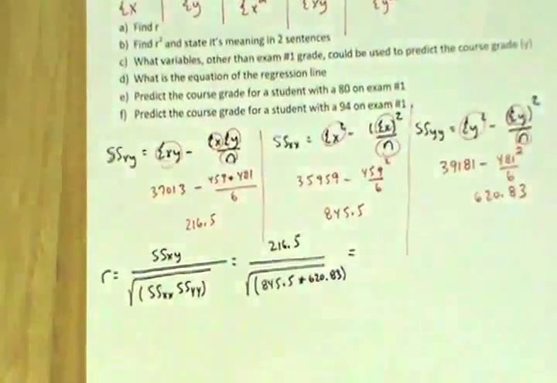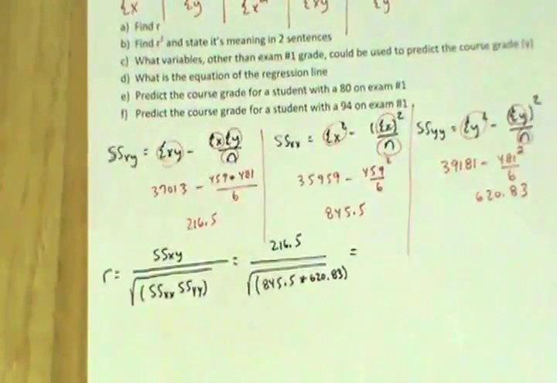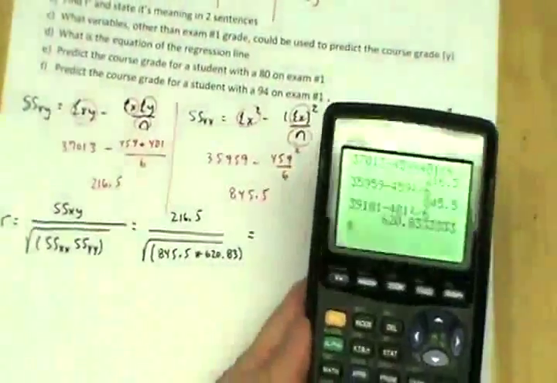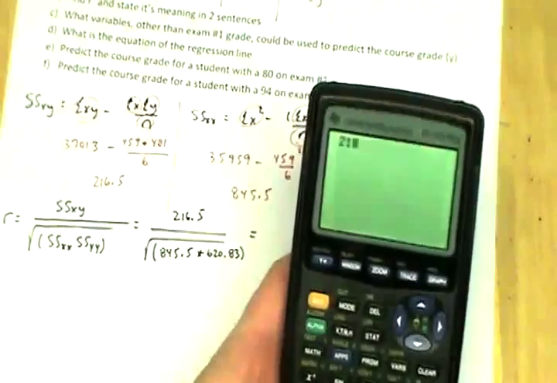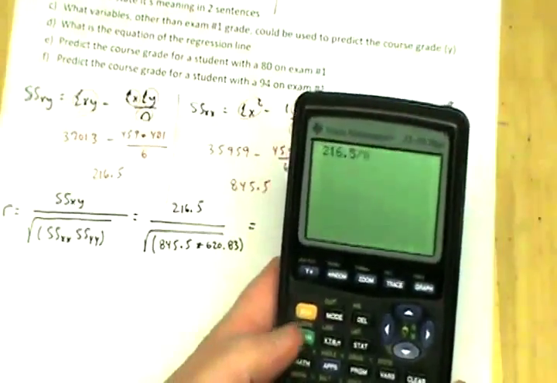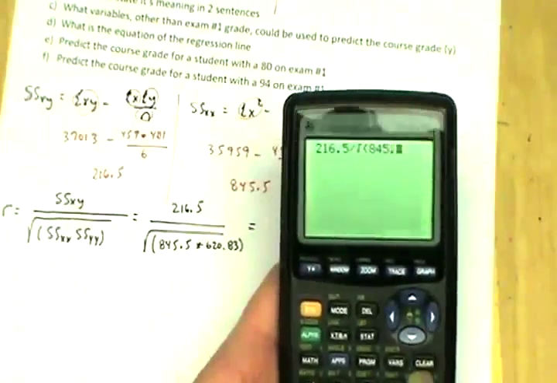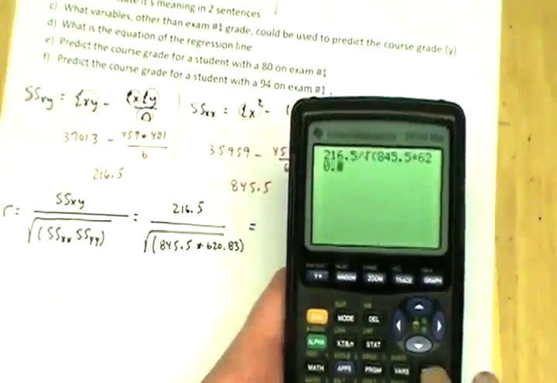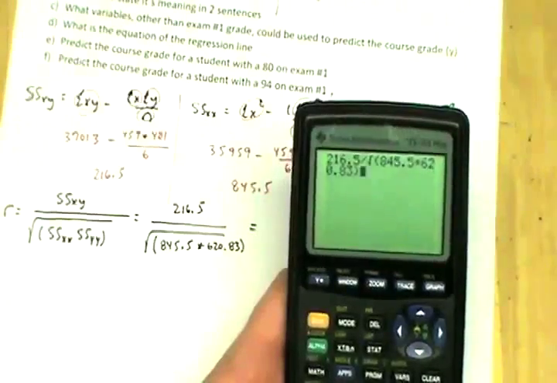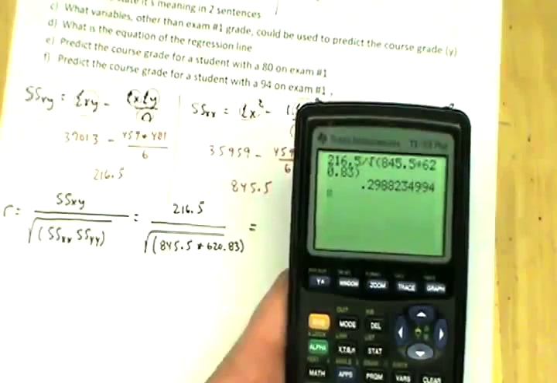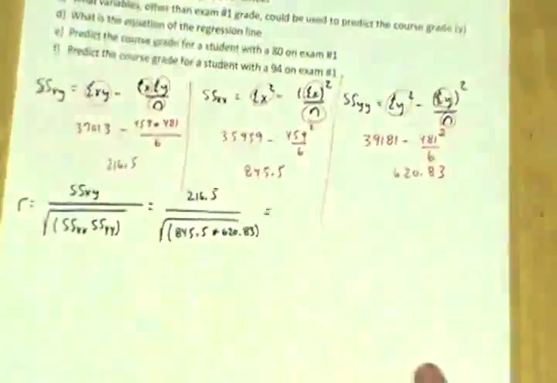Now if you recall, this value had better be between -1 and +1 or we made a mistake. So let's see what we get. 216.5 divided by the square root of 845.5 times 620.83 is 0.2988. So let's call that 0.30.